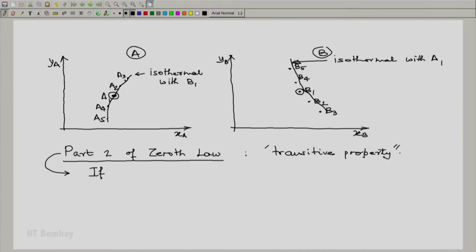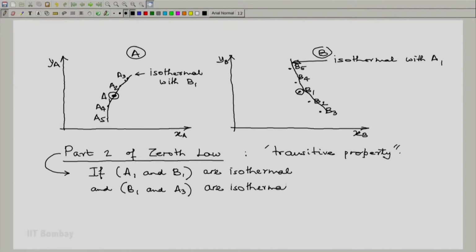What this means is, if state A1 of system A and state B1 of system B are isothermal, and we have seen that state B1 and state A3 are isothermal, then this implies that states A1 and A3 are also isothermal.